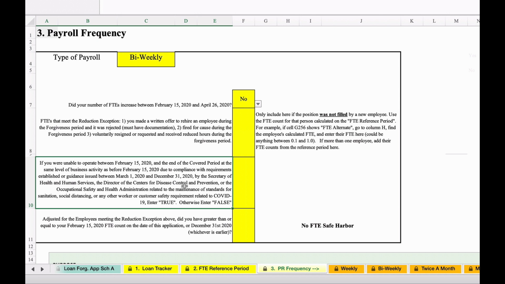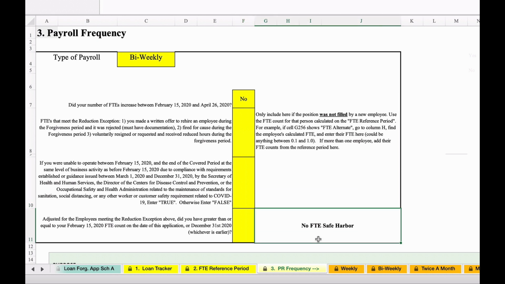Now, here's another one. This is important. This goes back to the safe harbor. This is similar to what we asked on the very first tab. If you were unable to operate at the same level because of social distancing, being closed, etc., you're going to input this. So more than likely, if you did not meet the requirements for the EZ form, you're probably not going to have FTE safe harbor.